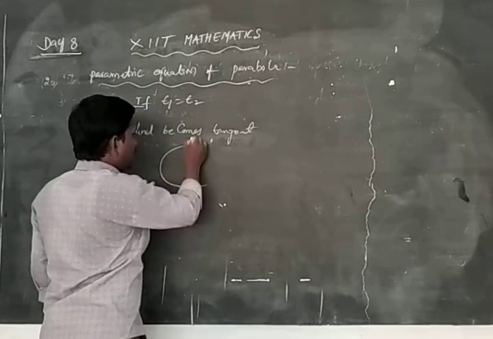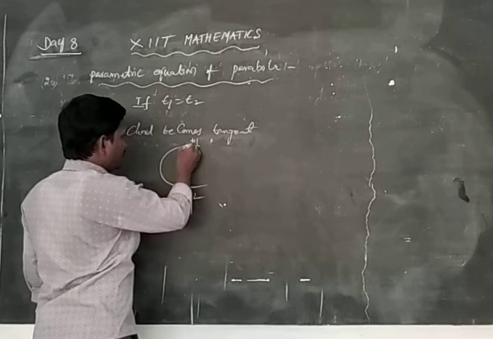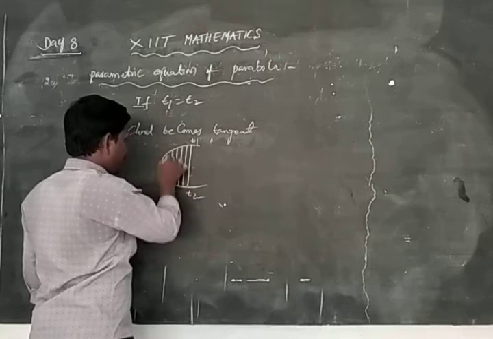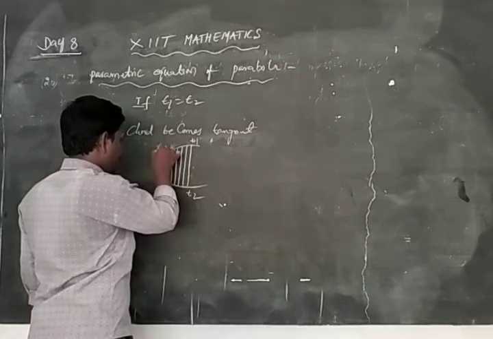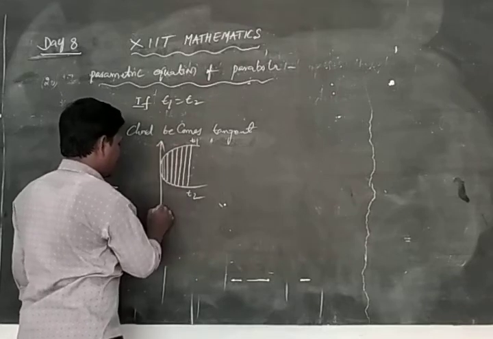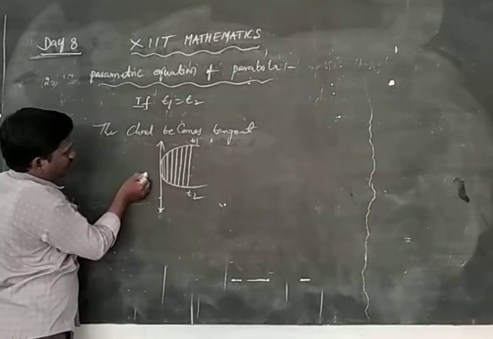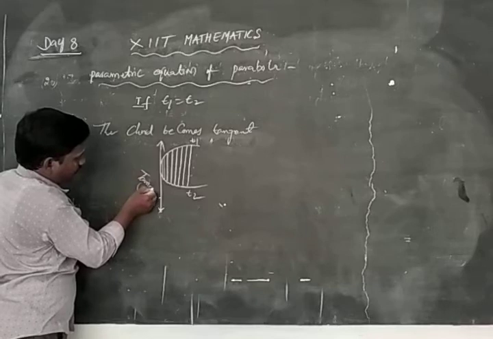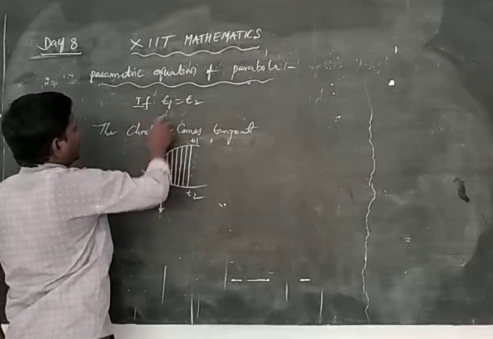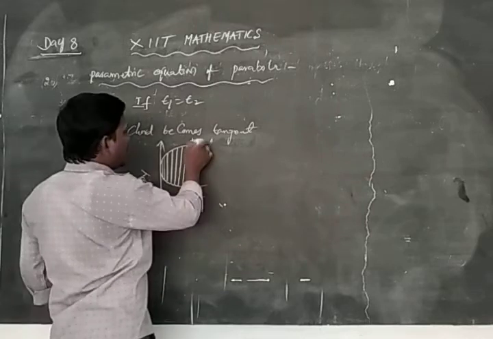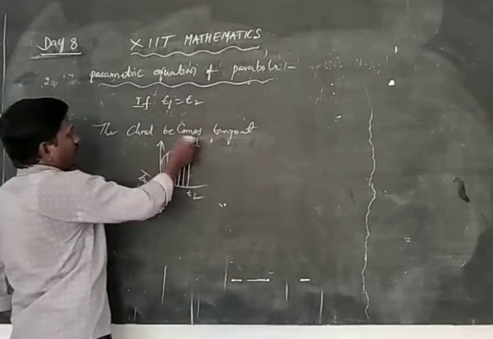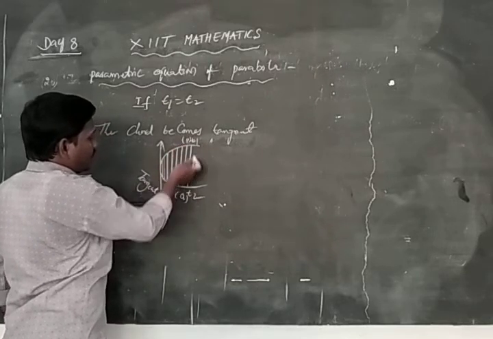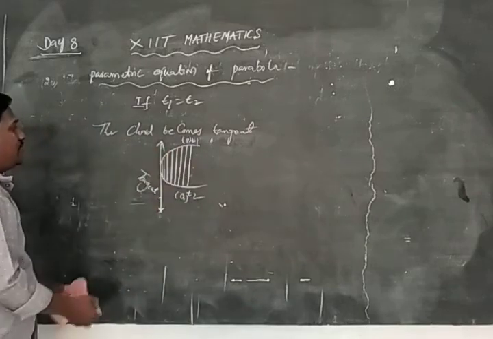This is t1, t2. This is tangent. If t1 equal to t2, the curve becomes tangent, and if t1 approaches t2, the chord PQ becomes tangent.